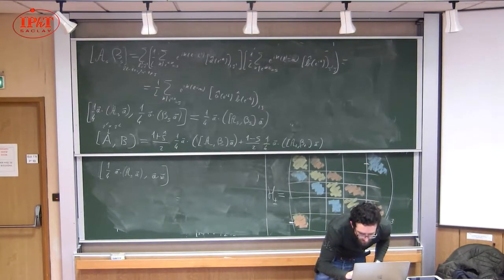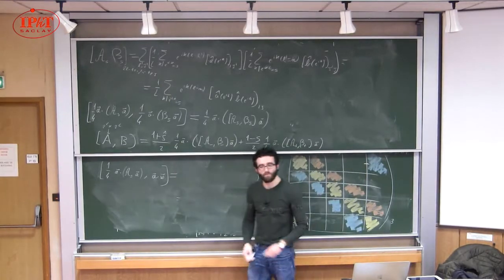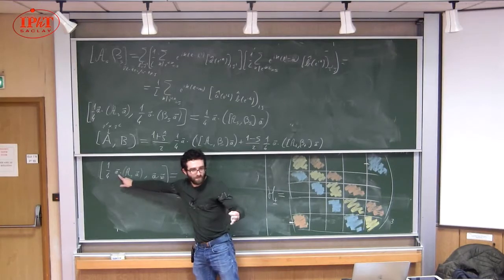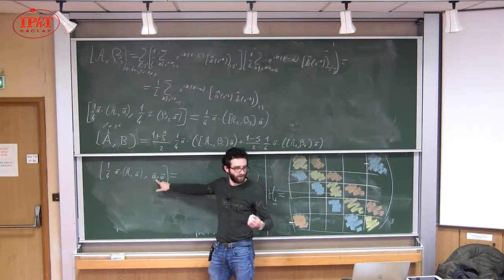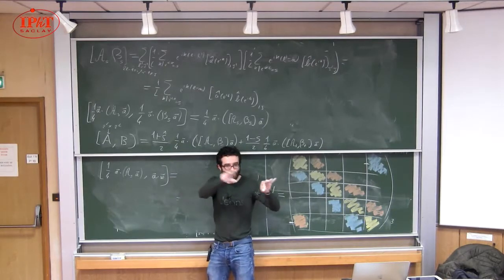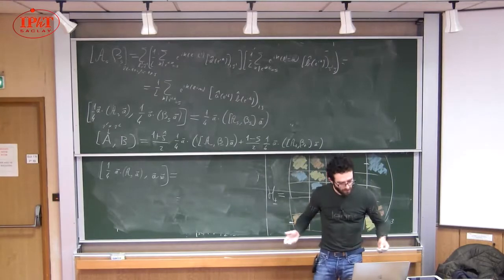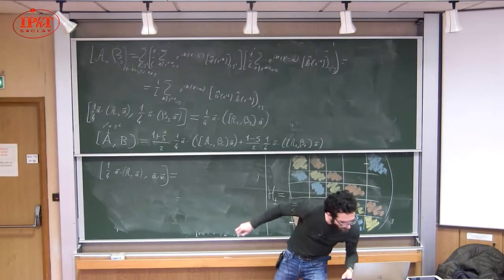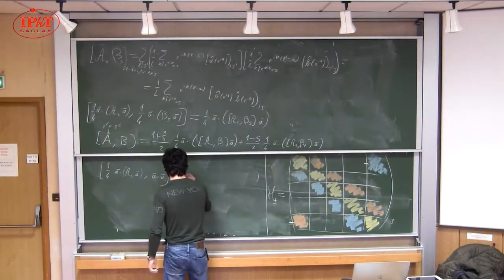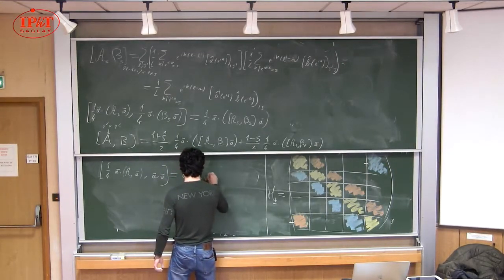What happens if you do this? You can prove it by writing this in terms of the indices. You have to sum over the index L and the index N, this matrix, and then you have another operator on Majorana fermions here with another index. Then you try to move this operator to the left, and you use the anti-commutation relations. What you find in the end is that this is equal to A S W.